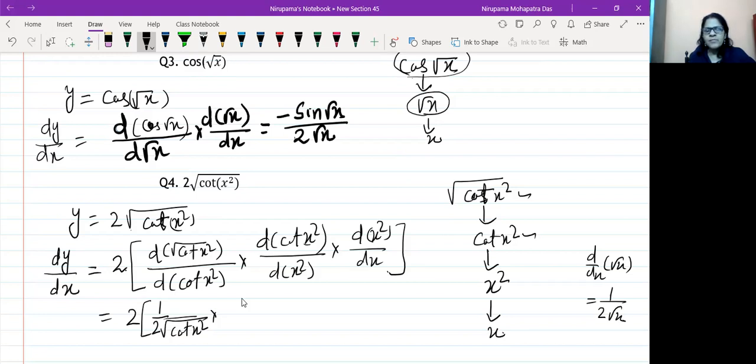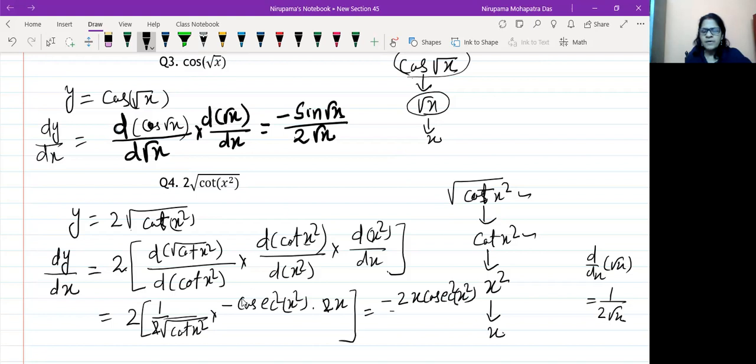So the derivative of cot x square with respect to x square is minus cosec square x square, and d by dx of x square is 2x. So here the 2 is cancelled, and you are getting minus 2x cosec square x square divided by under root cot x square.